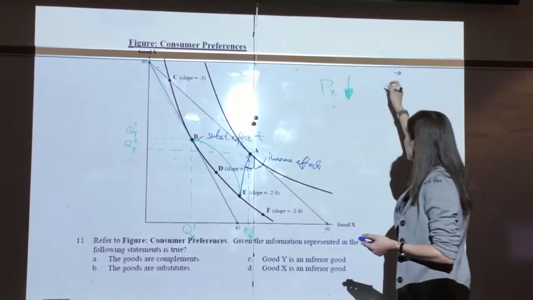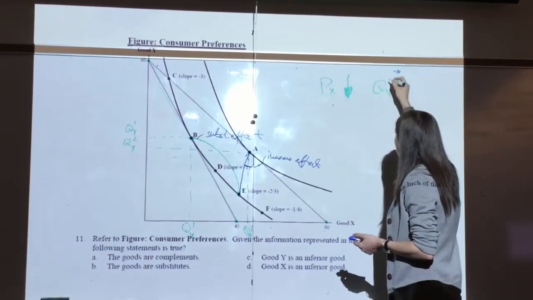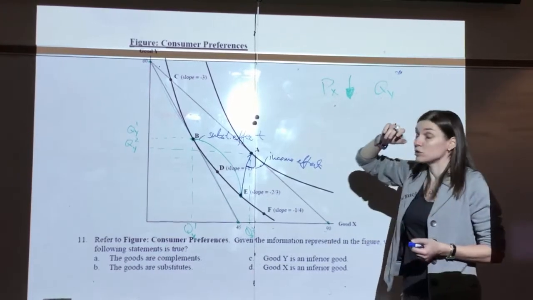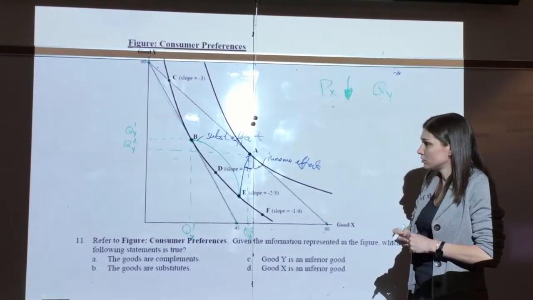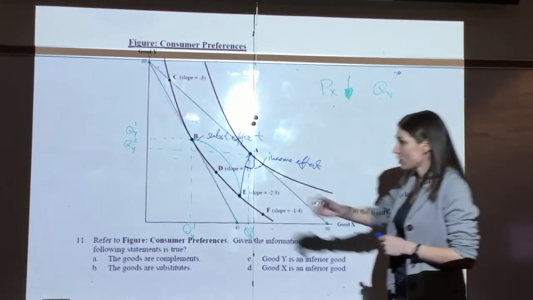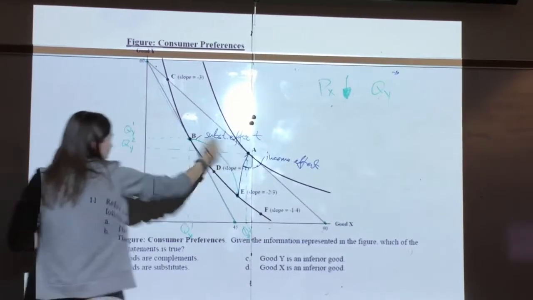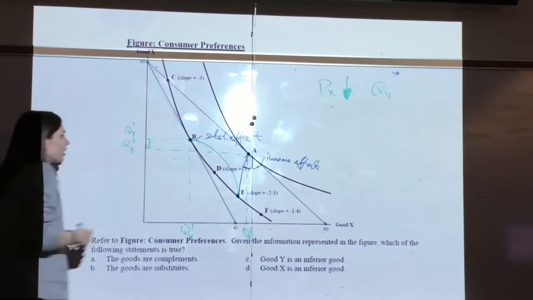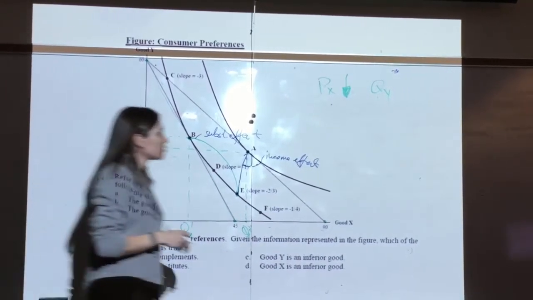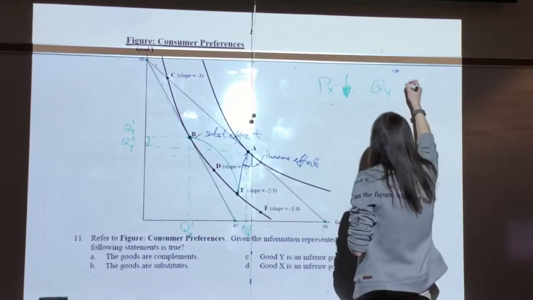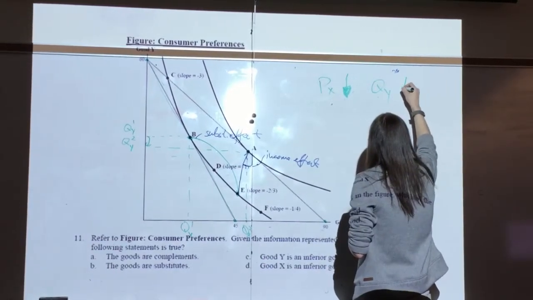So the price of X went down. What happened to the quantity consumed of Y? Did it go up or did it go down? It went down. We moved from B to A, and we ended up with a lower consumption of Y than we started with. So the price of X goes down, and the quantity of Y goes down as well.